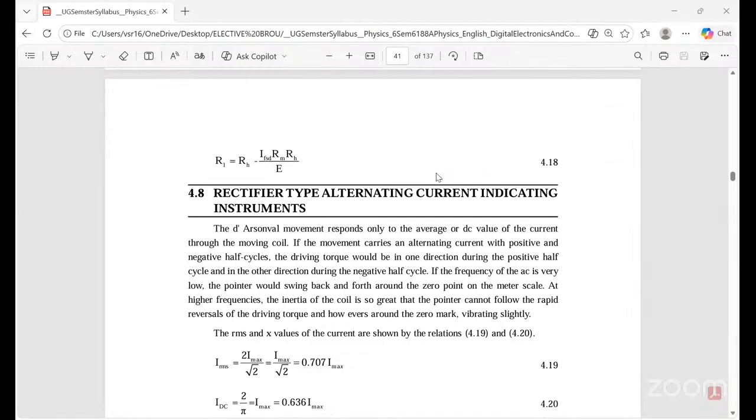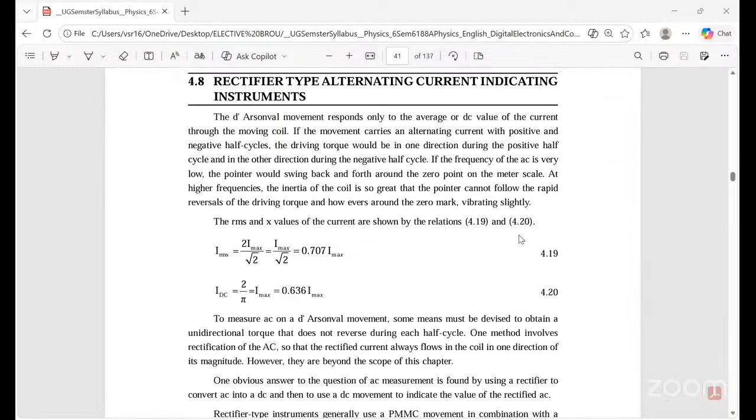Next is the rectifier type AC current indicating system. The D'Arsonval movement responds only to the average or DC value of the current through the moving coil.